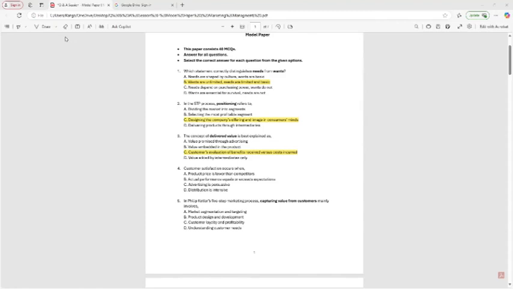Satisfaction and also delight mean highly satisfied. So if it equals or exceeds the expectations, the customer will be satisfied. So that is the correct answer. The answer is B.